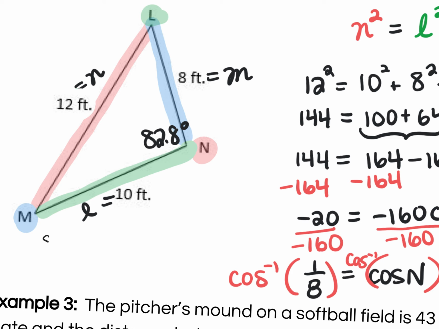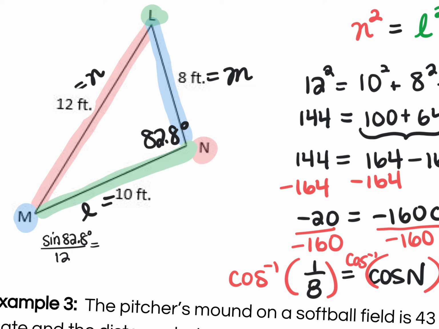So I can start by setting up law of sines that says sine of 82.8 over 12 equals, and then I'm going to find the next largest side. So that's going to be angle L that we're going to find, because that'll be the largest angle. And to do that, I'm going to do sine of L over little l, which is 10.